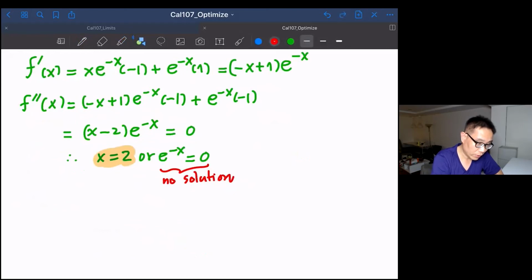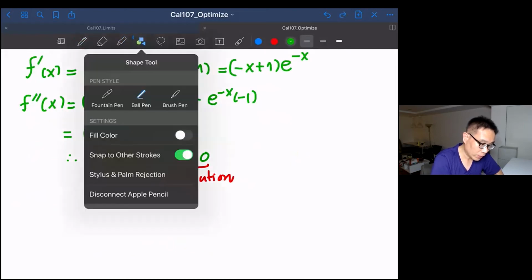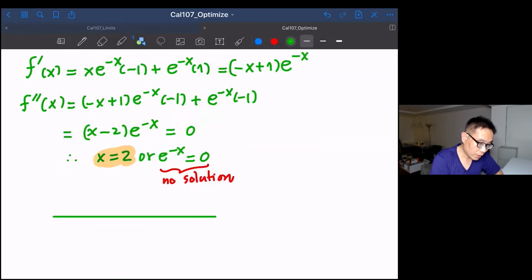So this is the point where you have 2 in the middle, and you're gonna have negative, positive. Okay, so you just test for sign. So when you have x more than 2, you're gonna get positive, and when you get x less than 2, you get negative.